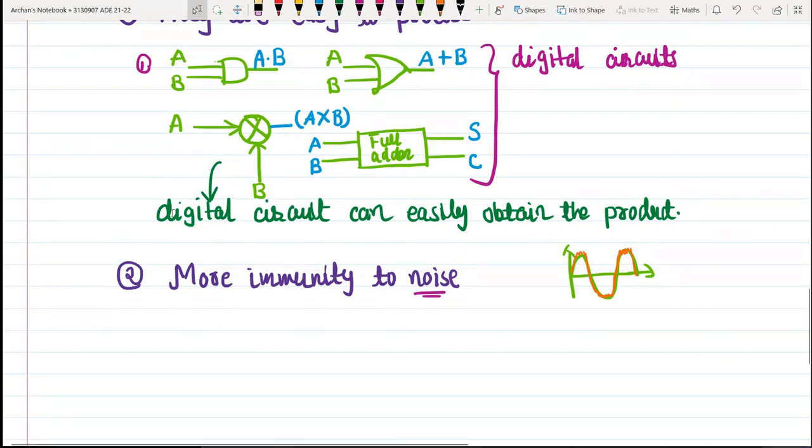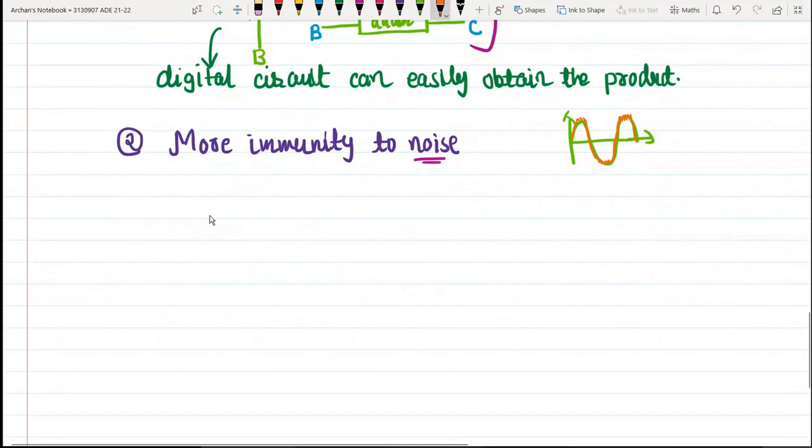Now let us consider the case of analog electronics first. I have one analog circuit which comprises one operational amplifier. This is the inverting terminal of the operational amplifier, to which I am providing one signal. This is my input signal V in.